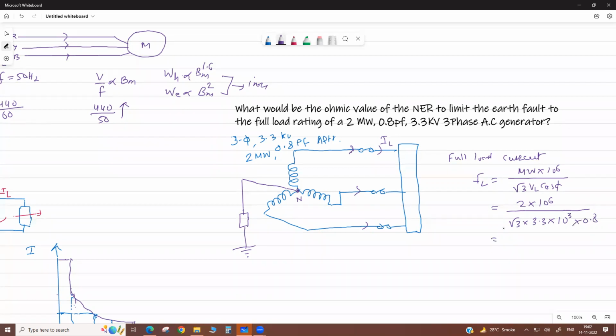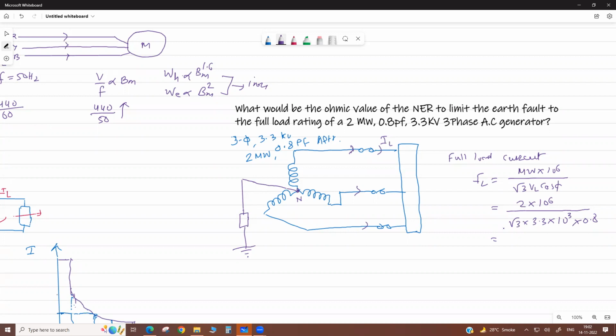Just solve this: 3.3 into root 3 into 0.8, then inverse.